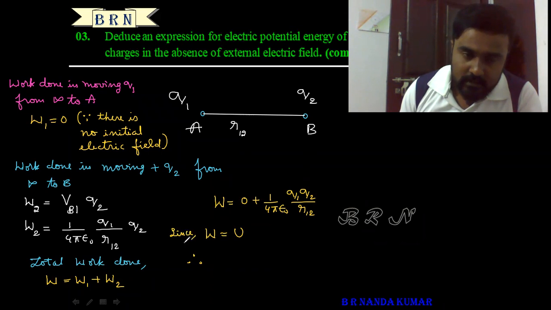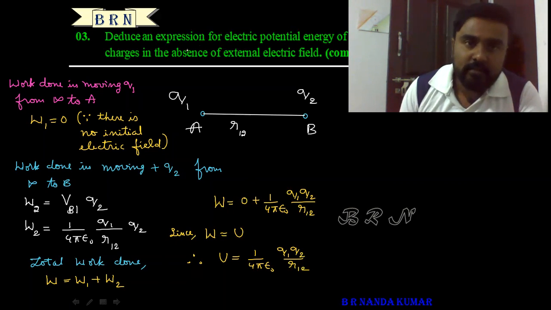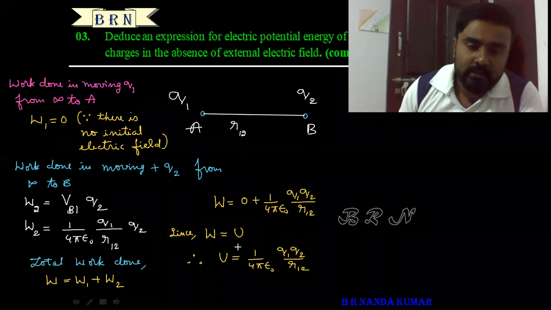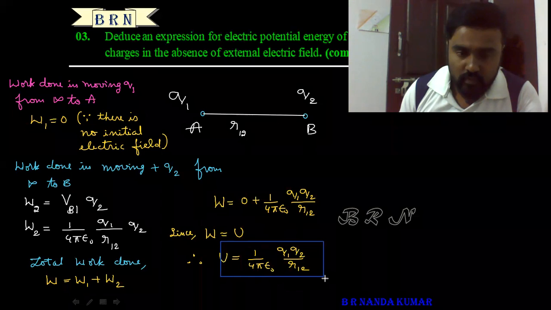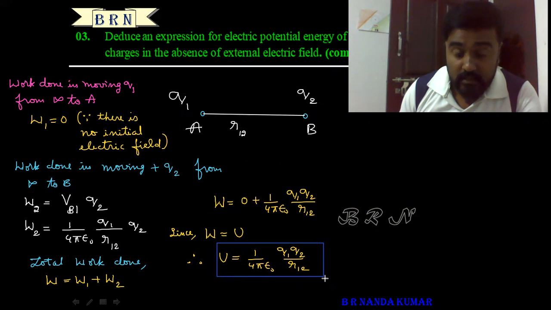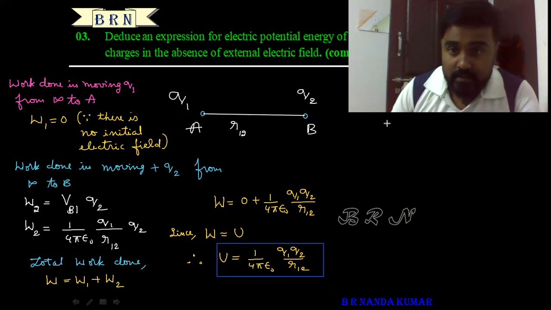Since W is equal to U, therefore U is equal to 1 divided by 4 pi epsilon naught Q1 Q2 divided by R12. So this is the expression for potential energy of a system of 2-point charges in the absence of an external electric field.